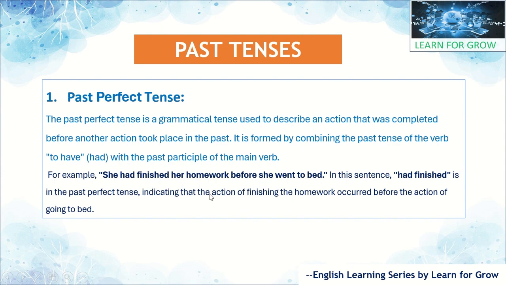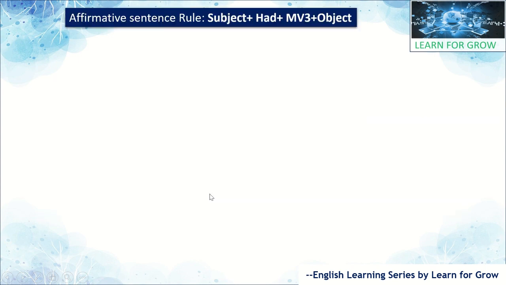I hope you understood. Let's look at the different types of sentences in past perfect tense, how we form them with the help of the rule. As I have given here, the rule is subject plus had plus main verb third plus object, right?